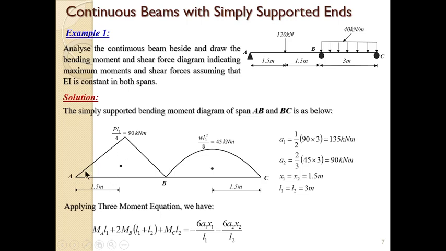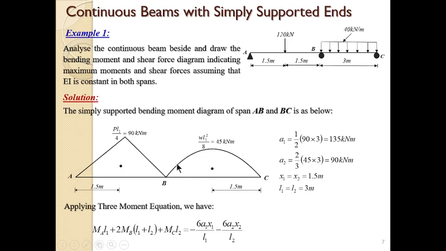This is an isosceles triangle, so the centroid will be at the middle, such that the centroid distance from the external support will be half of L1. L1, remember, is 3. So this middle is 1.5. And the same thing, this span L2 is 3, so the centroid distance here is 1.5.